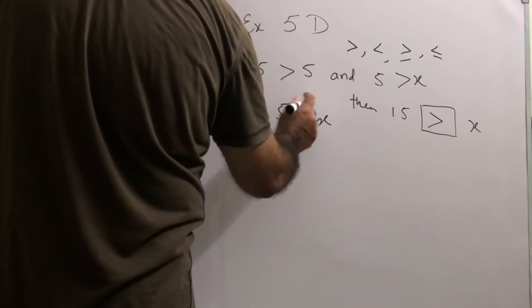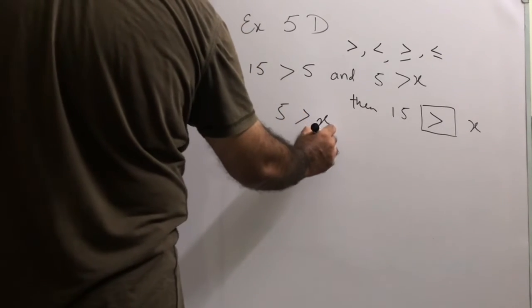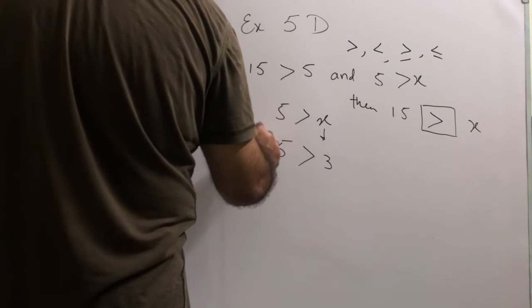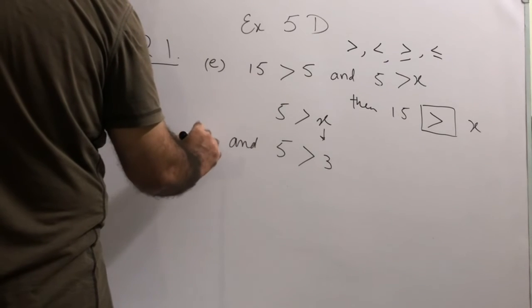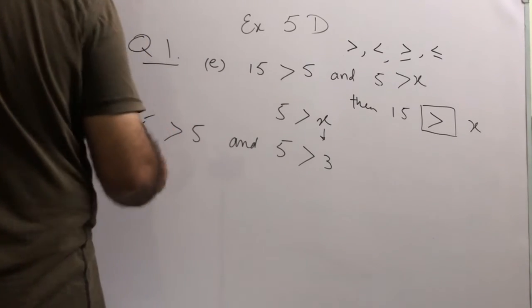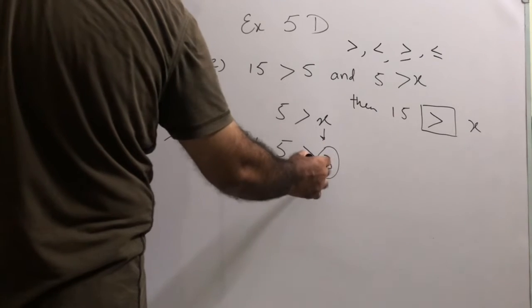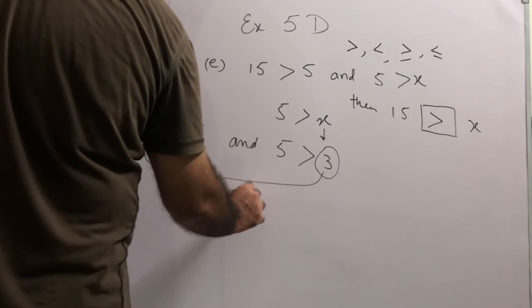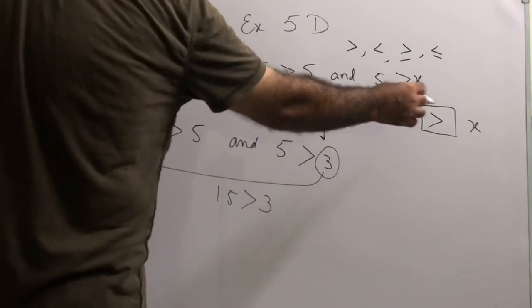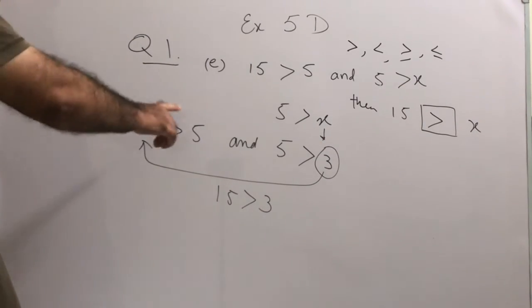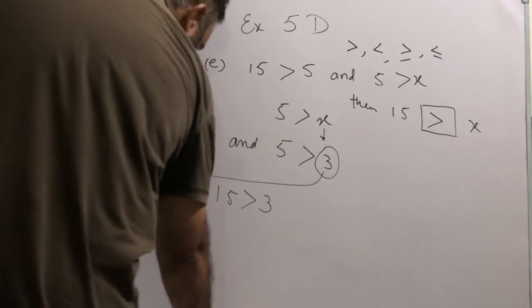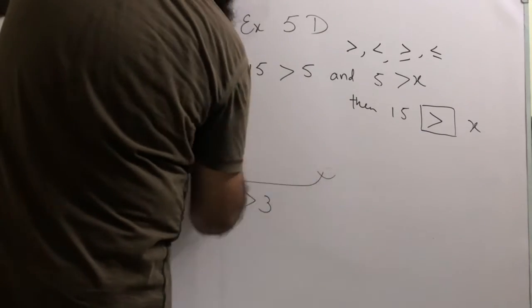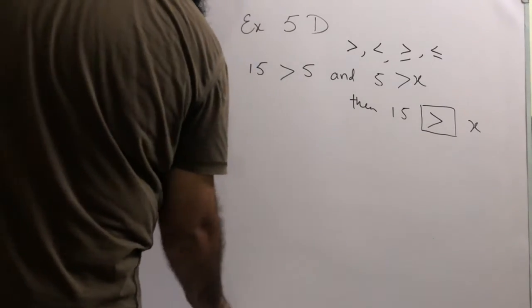If x is less than 5, let's suppose 3 is less than 5, and 5 is less than 15, then 3 is less than 15. So similarly we put x is less than 15. Hope you got understanding with this example. These are very simple examples according to our thinking approach.